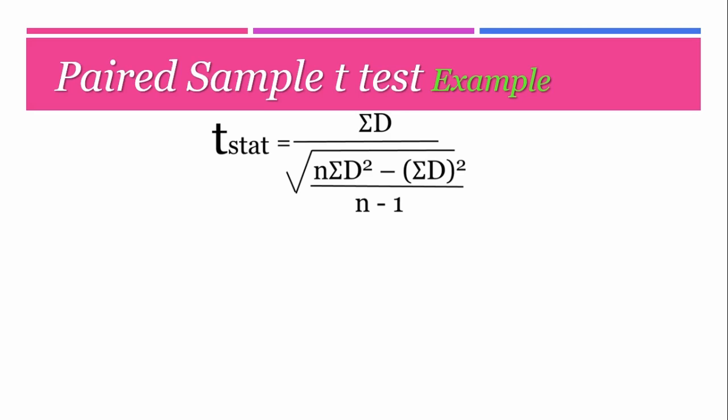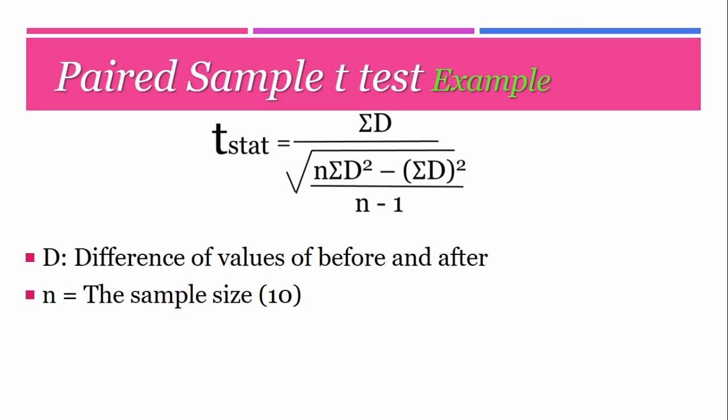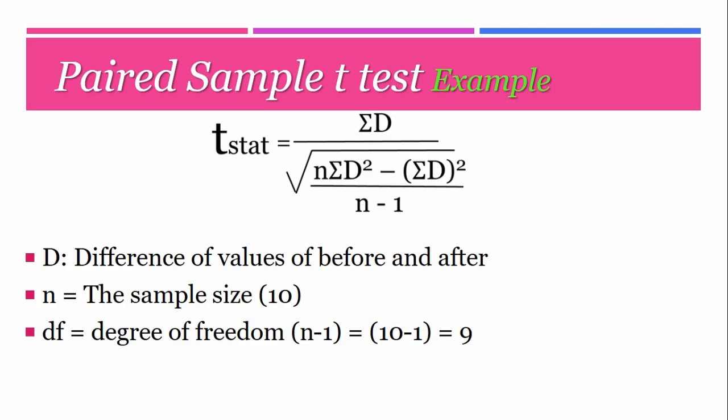Now here we need to know what capital D stands for. n is the sample size, which is 10, given to us. D is the difference of values before and after the treatment, and df is the degree of freedom, which is n minus 1, that is 10 minus 1 equal to 9.